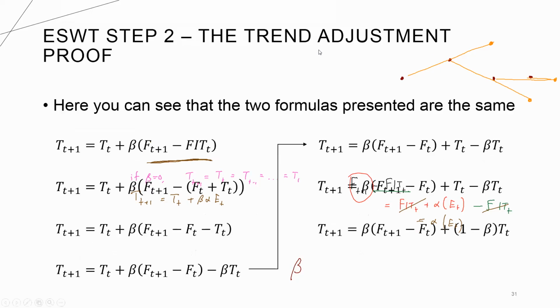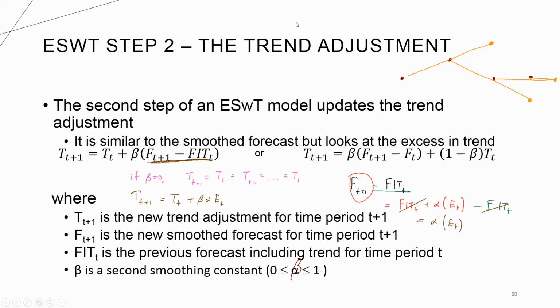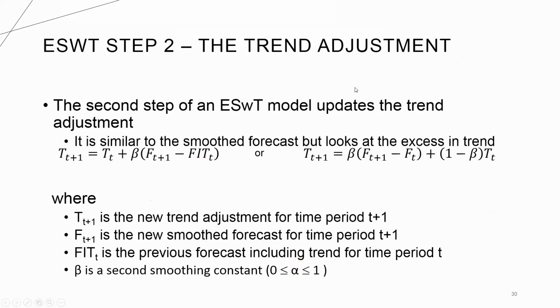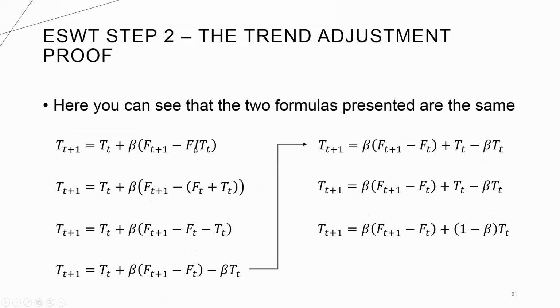All right, and then the next pages are just about the math here. Just like the other one, we can think of this in 2 ways. The new trend is equal to the old trend plus the adjustment.